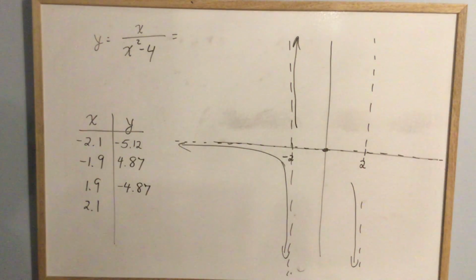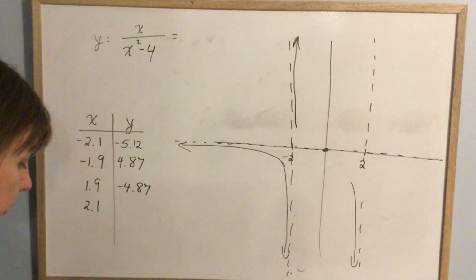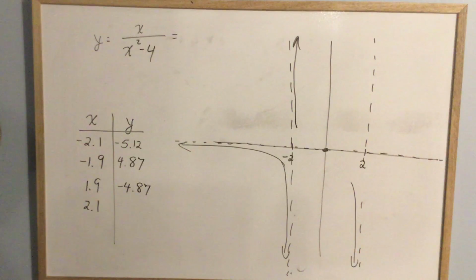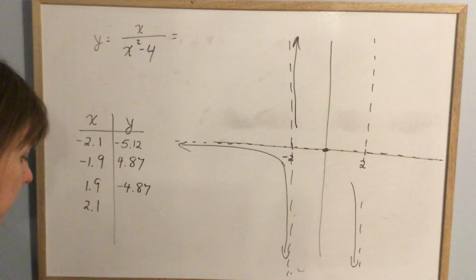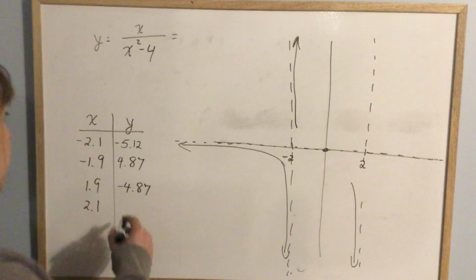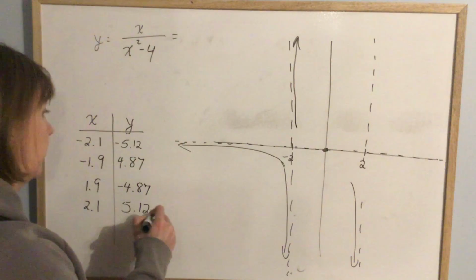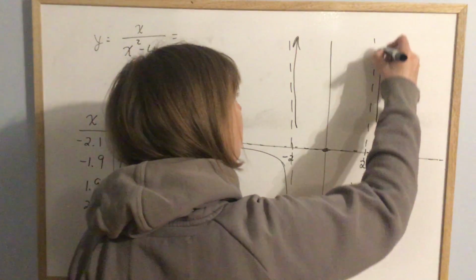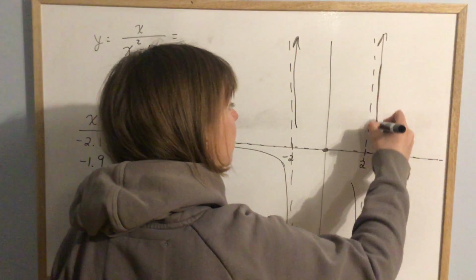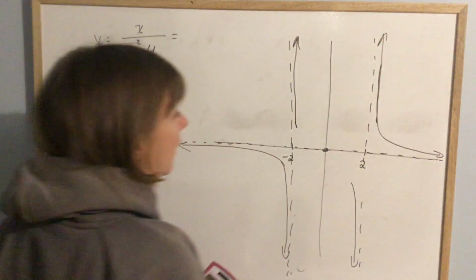And then for 2.1, I would do 2.1 squared minus 4, and I would do 2.1 divided by my answer, and I get like +5.12. So I get this positive thing. So as it comes down, it's here.